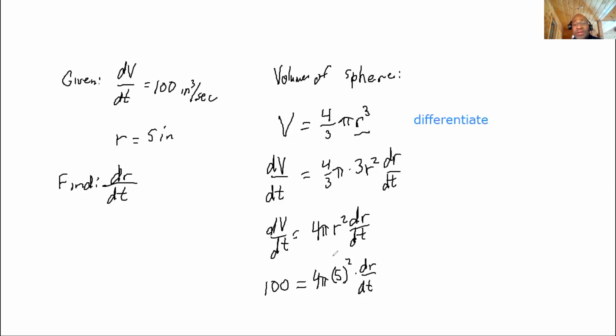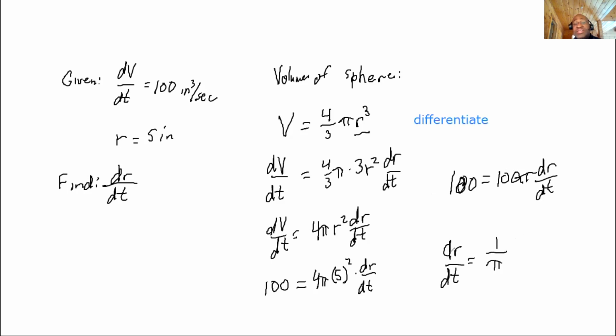Now if we clean this up a little bit, we'll have 100 equals 100 pi times dr/dt, and then divide both sides by 100 pi to isolate dr/dt. So dr/dt will reduce down to 1 over pi.